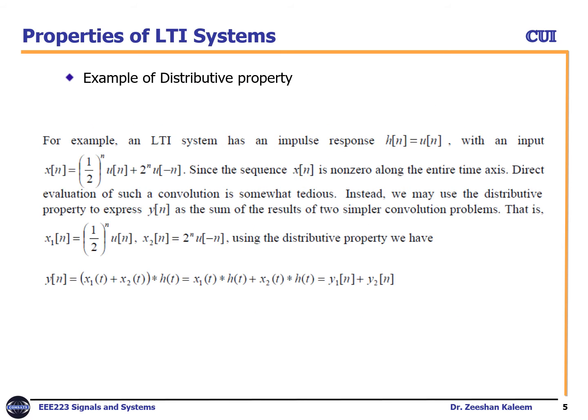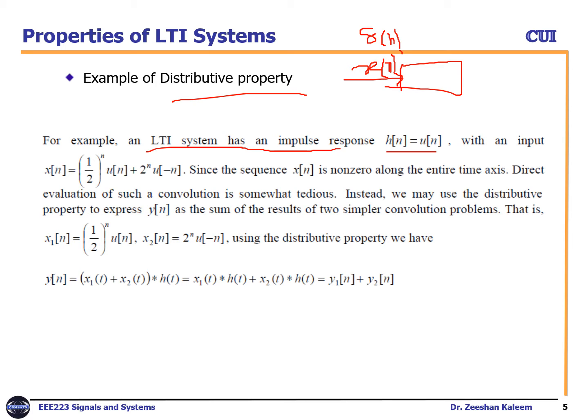Now an example of the distributive property. Suppose you have an LTI system with impulse response u[n]. You know that when you input an impulse signal, the output you get is the impulse response.